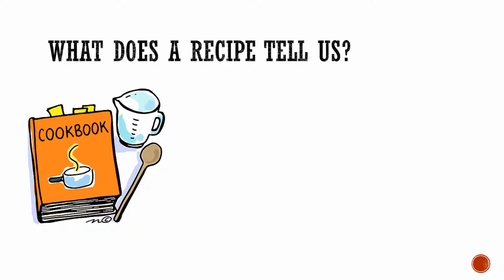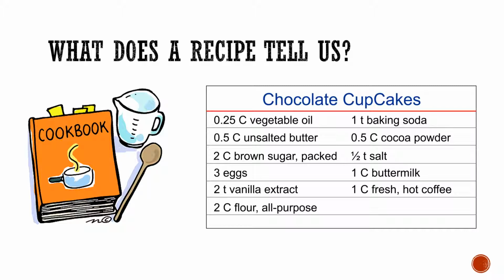So what does a recipe tell us? If we were to have a recipe from a cookbook, let's say it was chocolate chip cookies, there are many parts to the recipe that tells us important information. For example, everything right here tells us the ingredients that we need.